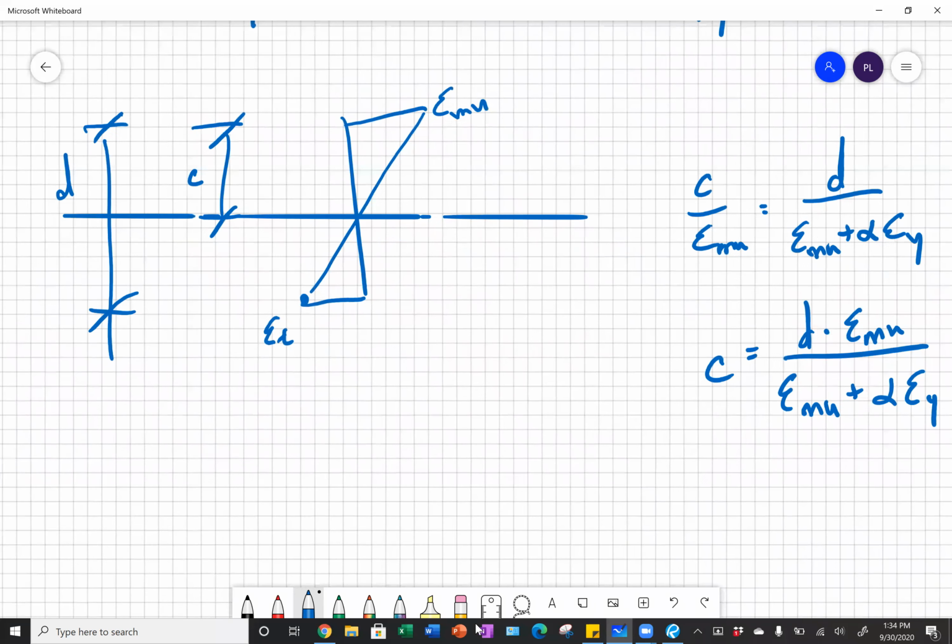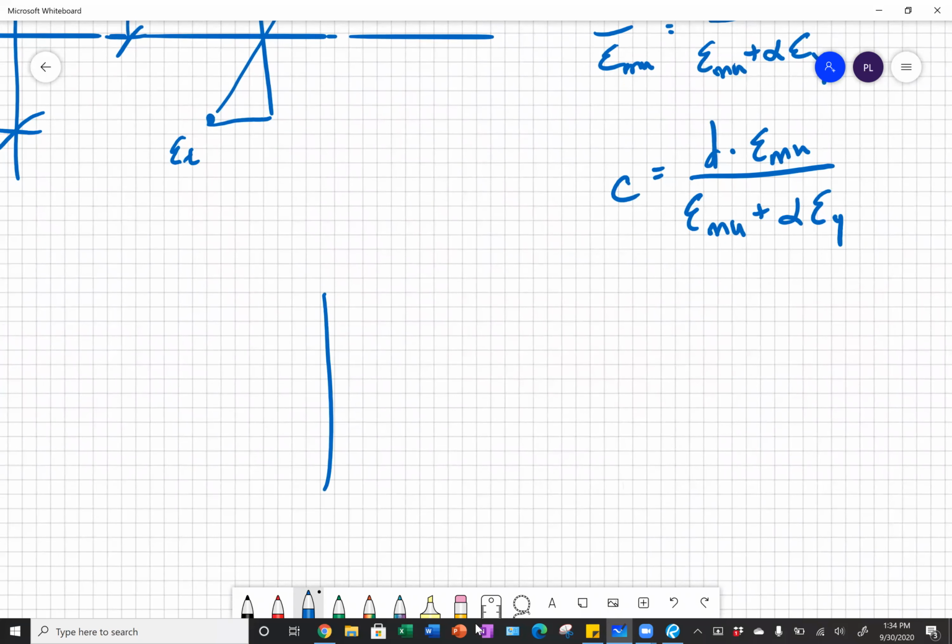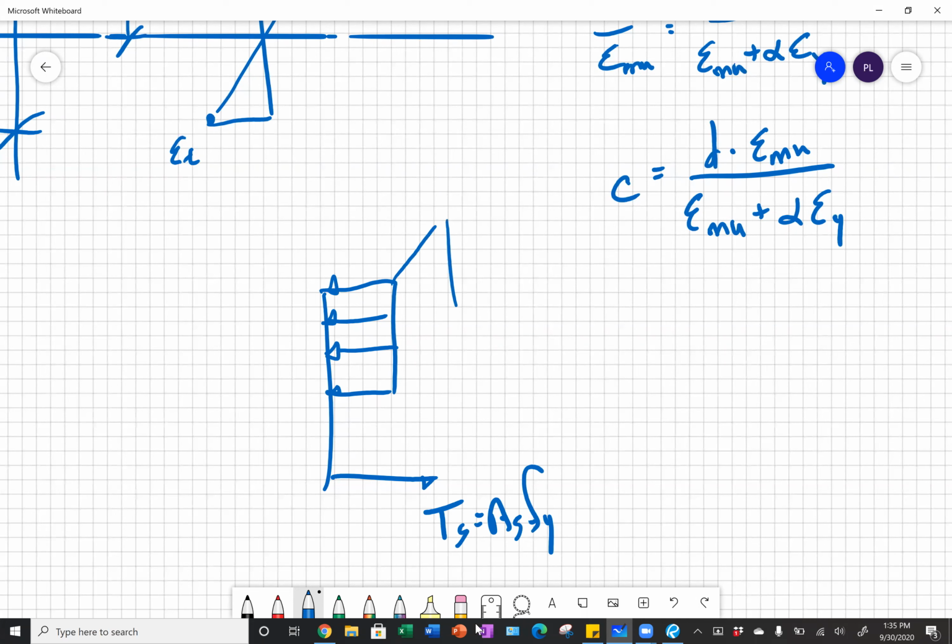Now using our stress diagram, we know that we have at the bottom our tension force, which equals As, our area of steel, times Fy, our yield strength. We know at the top we have our rectangular stress block that goes b dimension, the width of our beam, into the page. We know this is equal to a, which is equal to 0.8 c.